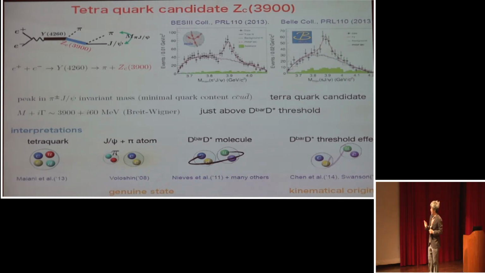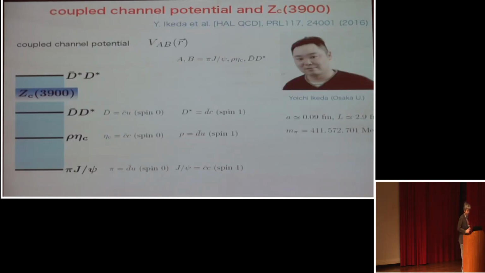To determine the origin of this state or this signal, we perform a lattice QCD calculation, the so-called coupled channel potential method, for this state. This is the person who took care of this calculation.